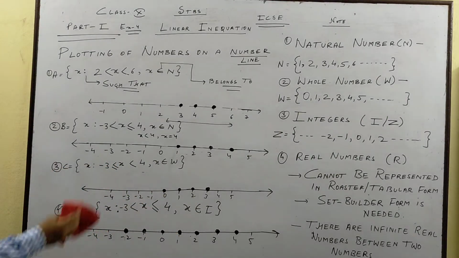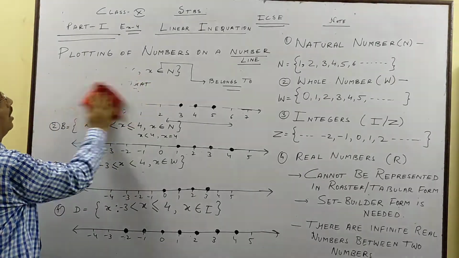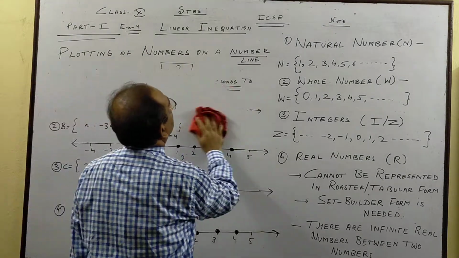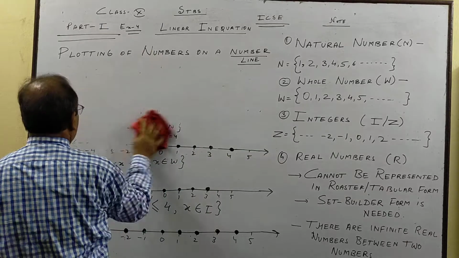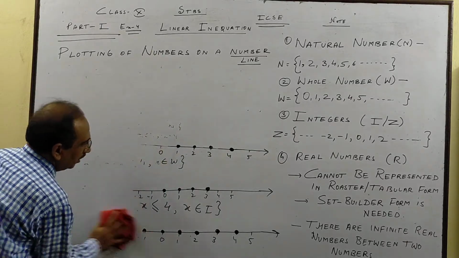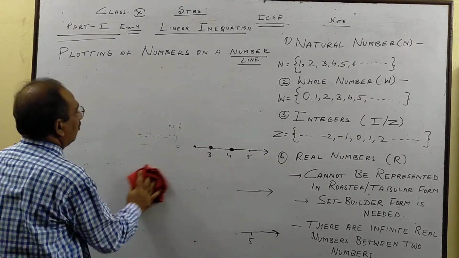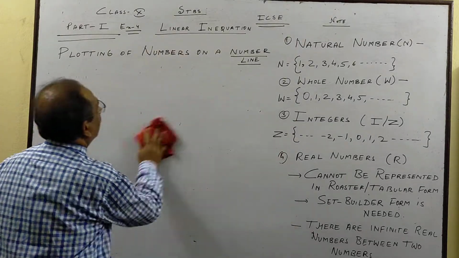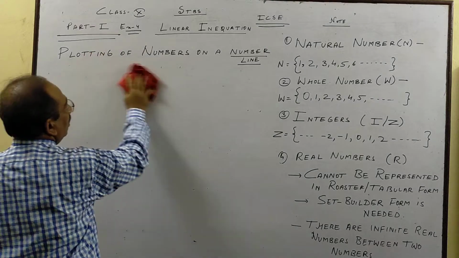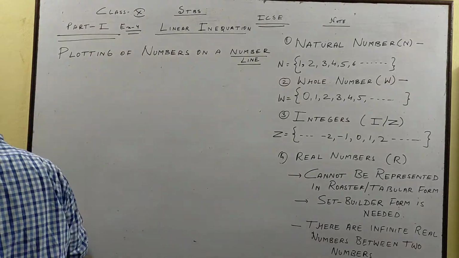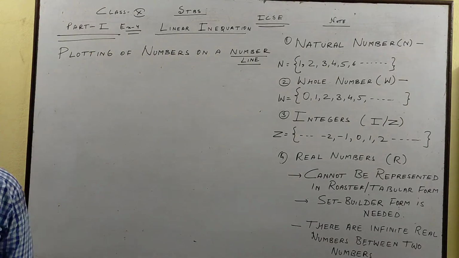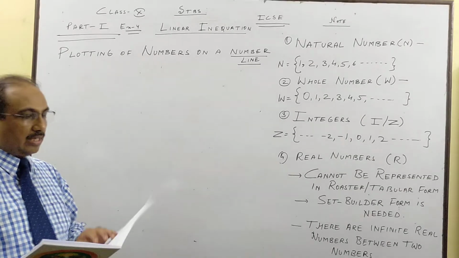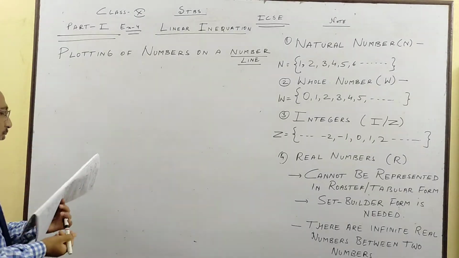So I'll give you two more examples before I go on to plot questions based on ICSE. So next two questions we have are examples which are non-ICSE. Then I'll go to ICSE question examples. So we did up to 4.